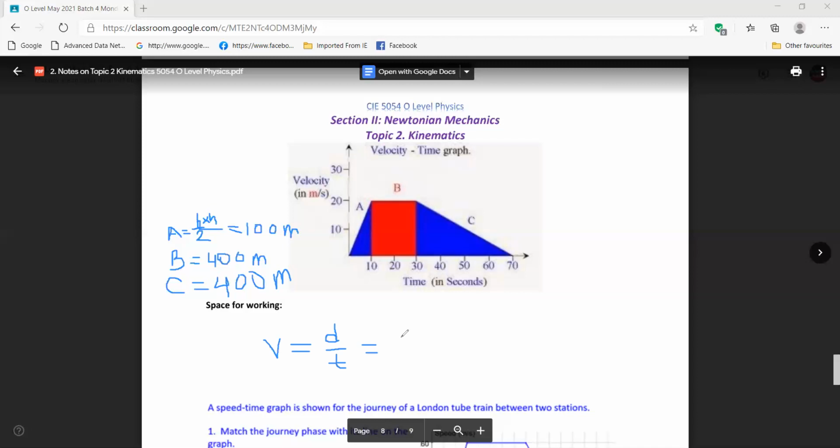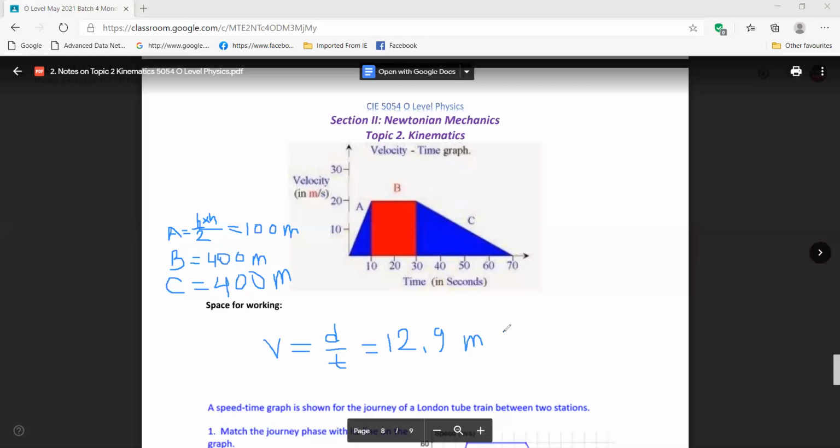Three significant figures: 12.85714286, so we can write 12.9, right?